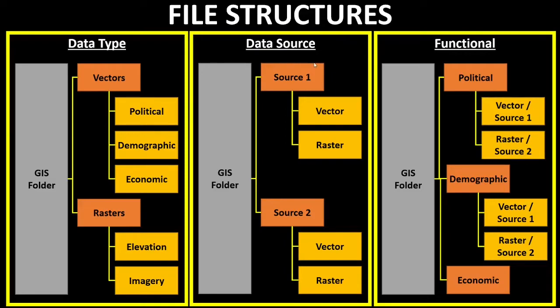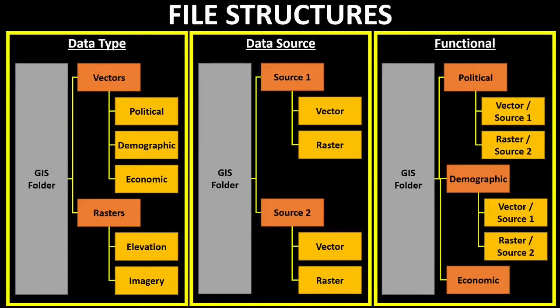So for example, we downloaded information from Natural Earth, and that could be source 1. We'll put all the vectors in here and all the rasters, and we could further divide down from here. And then source 2 could be a USGS service, or it could be NASA information, or any of a number of sites. And it would just keep flowing through this same type of structure.